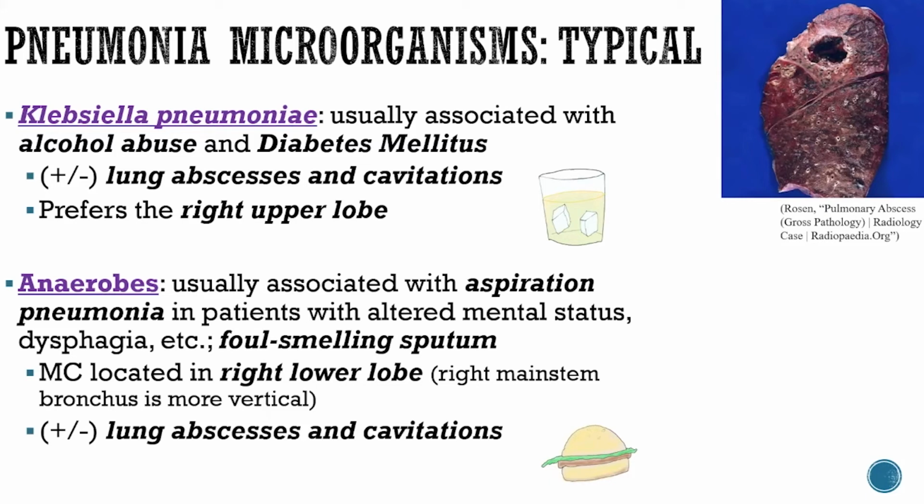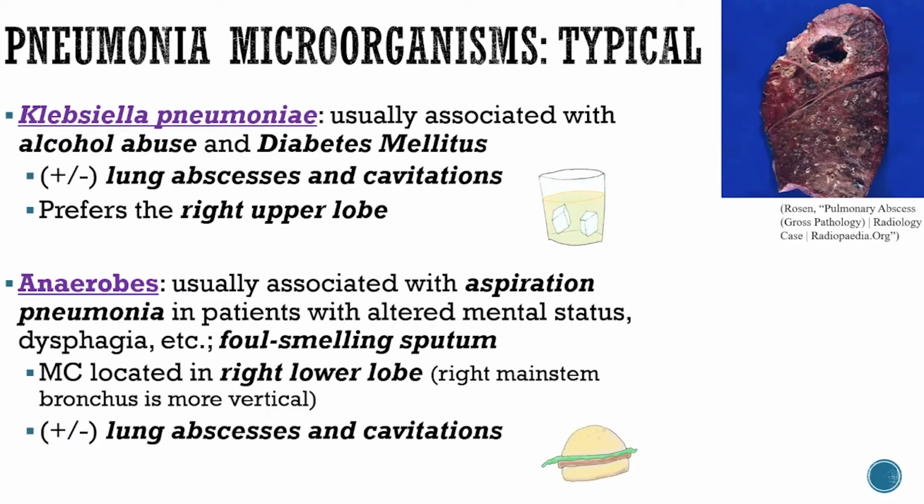Also, anaerobic infections classically colonize the right lower lobe. And that's because if you think about it, if a food particle or saliva were to get anywhere in the lung, it would go to the place where gravity leads it the easiest.